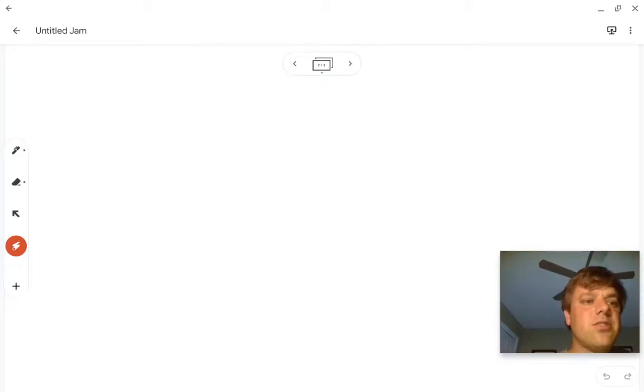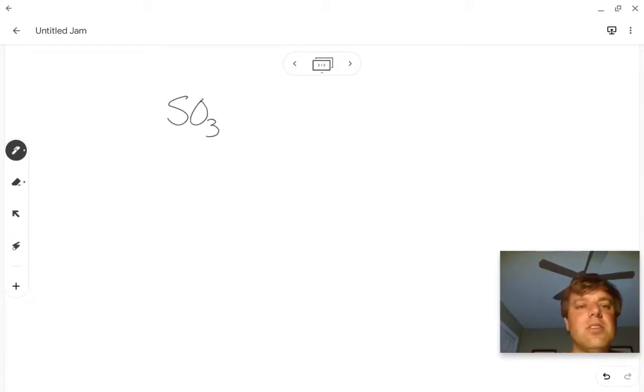In this case, we're going to look at the sulfur trioxide molecule. This is not sulfite, SO3 with a -2 charge, the polyatomic ion. We drew that in the first Lewis worksheet. This is sulfur trioxide. So we've got a sulfur, we've got 3 oxygens. We add up our electrons, 6, 6, 6, and 6.